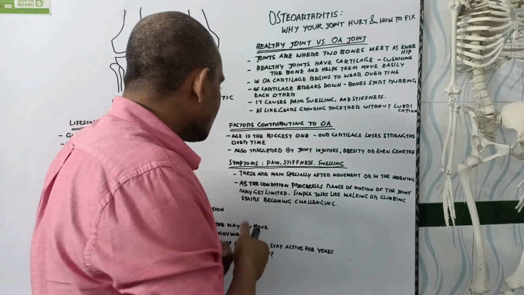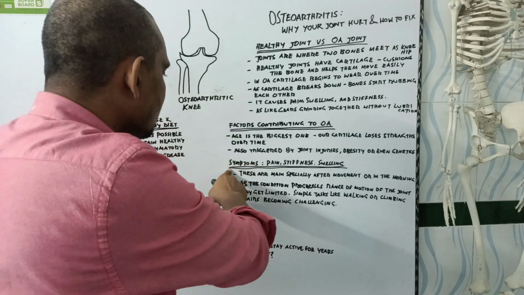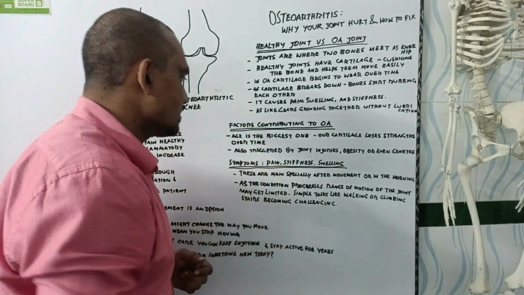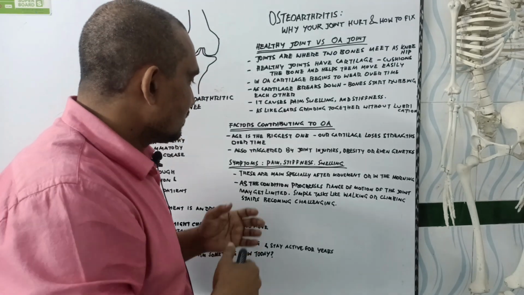And what are the symptoms of osteoarthritis? What are the symptoms of an osteoarthritic joint? The symptoms are mainly pain, stiffness, and swelling.